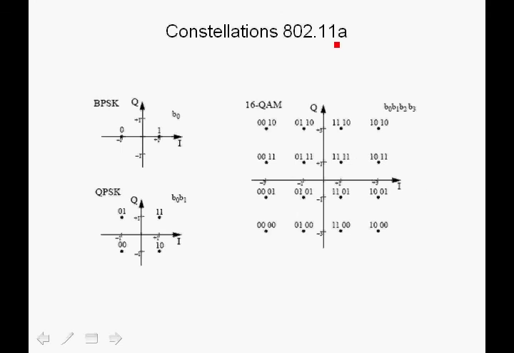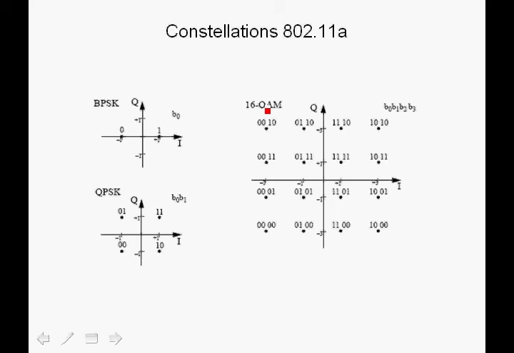Now in 802.11a, we have multiple constellations that are used depending on the signal-to-noise ratio. For low signal-to-noise ratios, we use binary phase shift keying, which is shown over here, where we have only 2 points in the constellation, one at +1 and one at -1, similar to the baseband communication system we discussed earlier. We have QPSK, which we just discussed, and in which case we have 4 points, so we have 2 bits that are mapped to a point in the constellation.